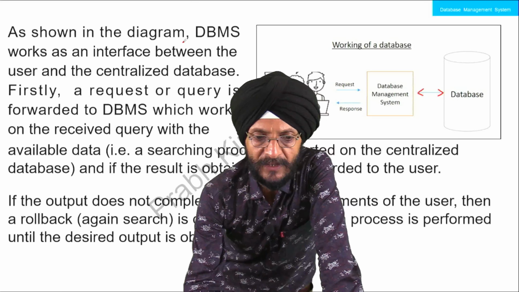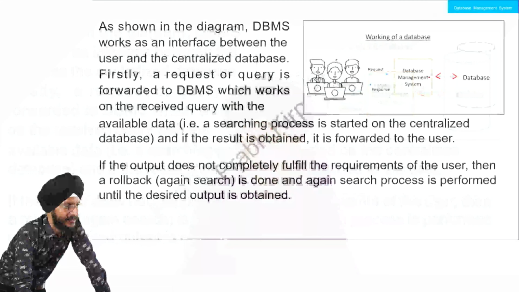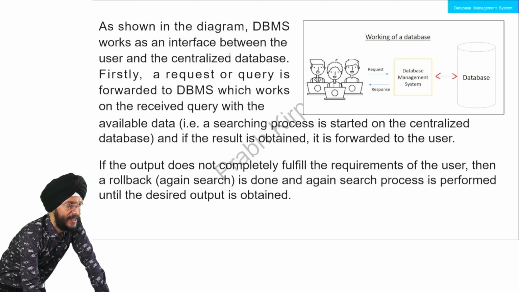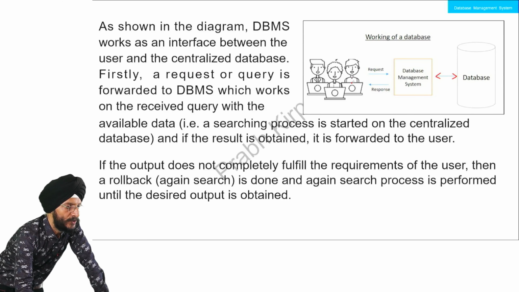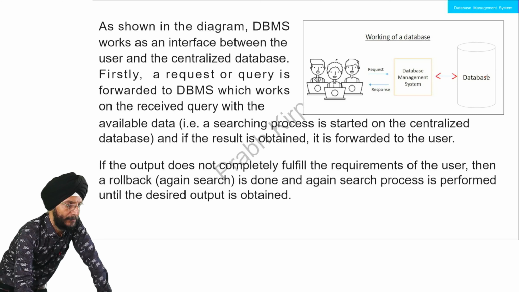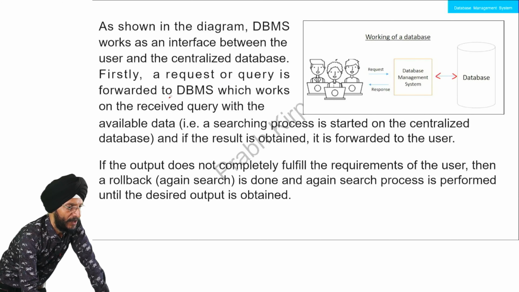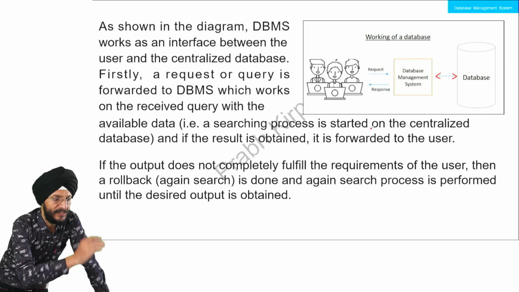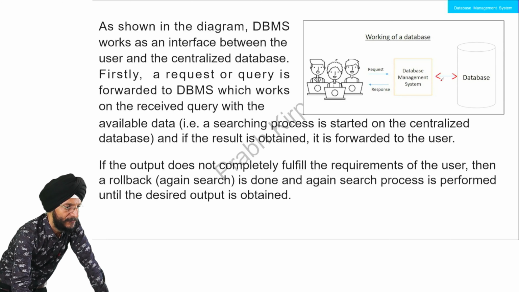As shown in the diagram, DBMS works as an interface between the users and the centralized database. Firstly, a request or query is forwarded to the DBMS, which works on the query with the available data. A searching process is started on the centralized database, and if the result is obtained, it is forwarded to the user.